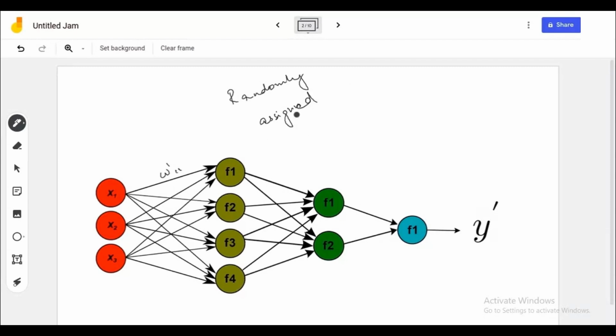It is randomly assigned, yes, but it is randomly assigned from a distribution. So all the weights will lie in some sort of a distribution, let's say a normal distribution or a uniform distribution or something of that sort, right? So all these weights are randomly assigned but from a distribution.